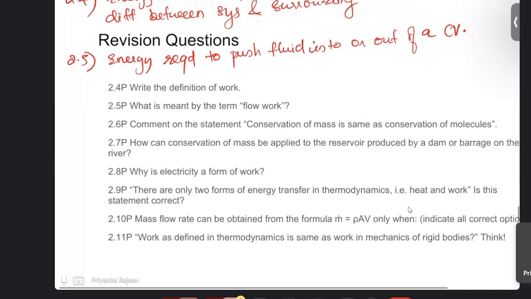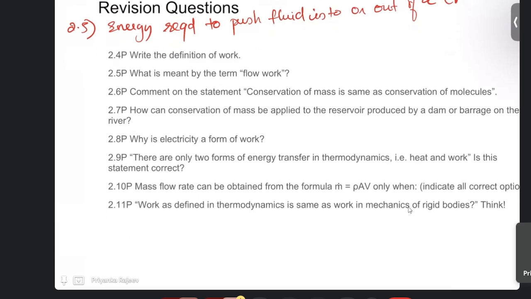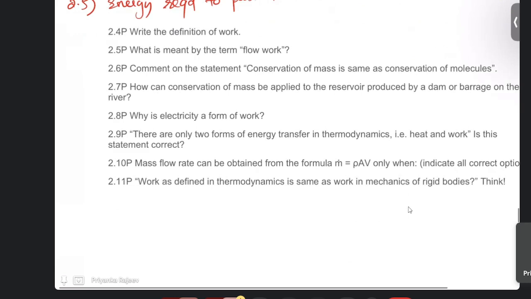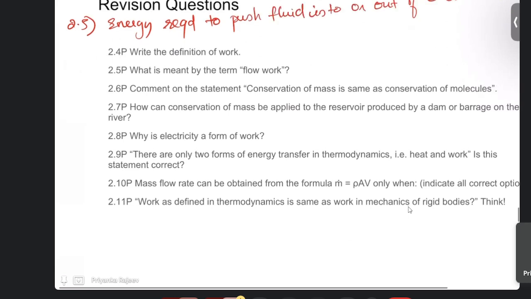Now, next is comment on the statement: conservation of mass is the same as conservation of molecules. Yeah, that is a very important question, so I'll talk about this. What is conservation of mass? Conservation of mass means total mass is constant in a system.